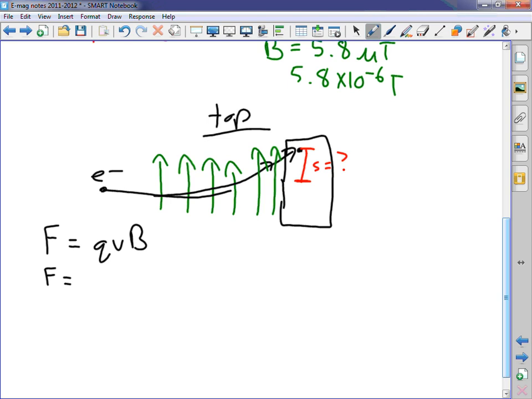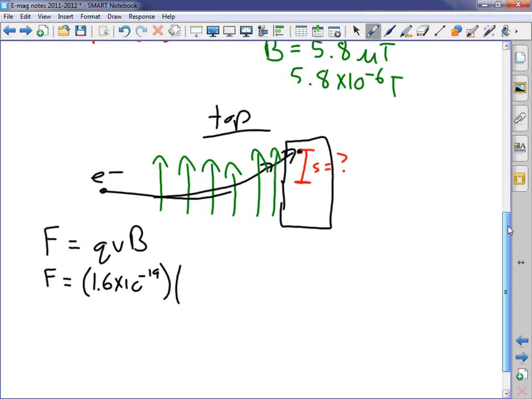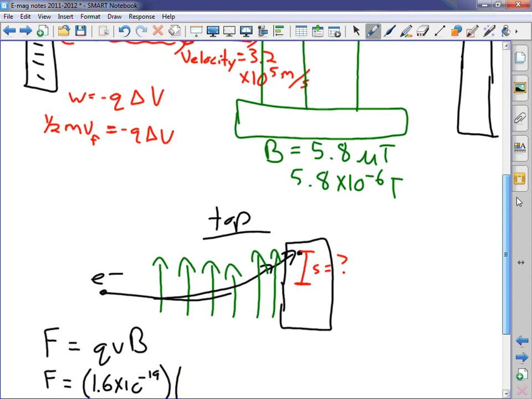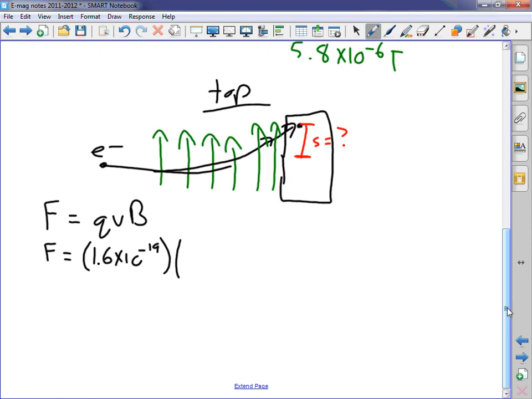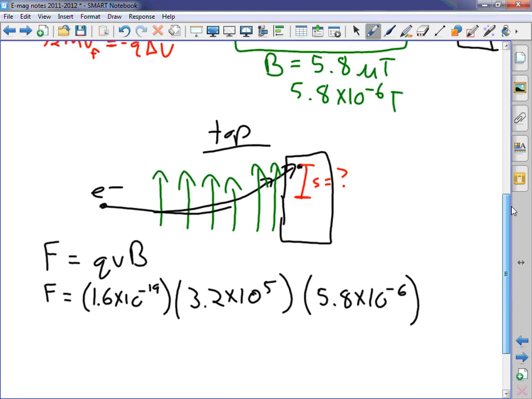I'm going to go ahead and get numbers: 1.6 times 10 to the negative 19th, times the velocity we said from up here, 3.2 times 10 to the 5th meters per second, times the magnetic field strength we said of 5.8 times 10 to the negative 6th Tesla.